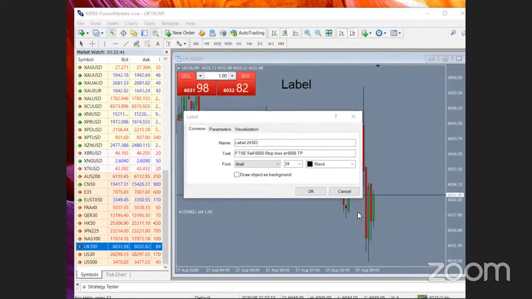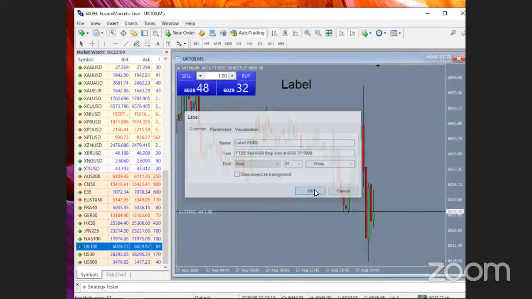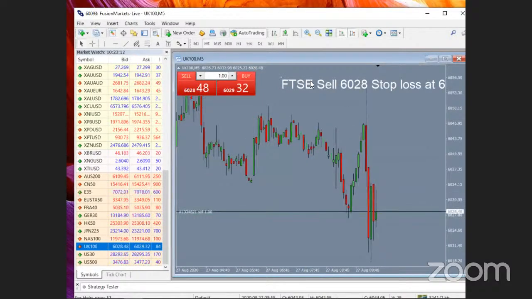I think we're going to be targeting maybe 59.90, somewhere in that area. These targets are always quite soft targets, but let's put this up in white here. There you go.